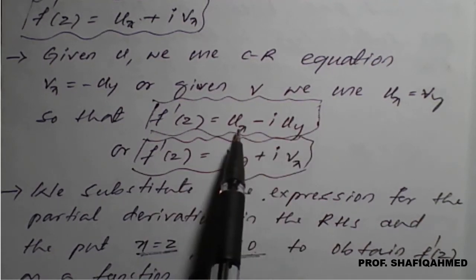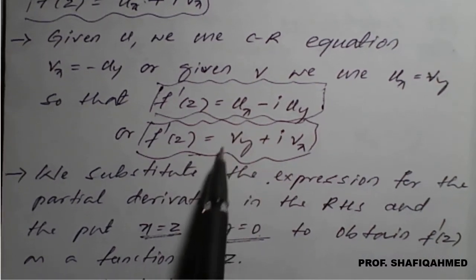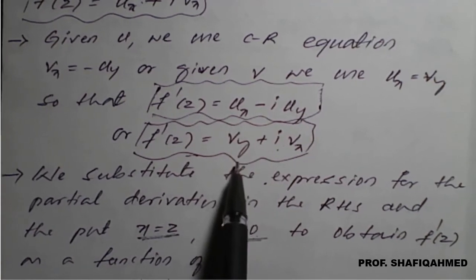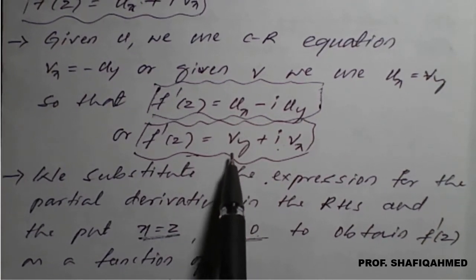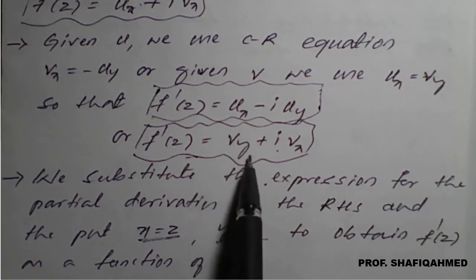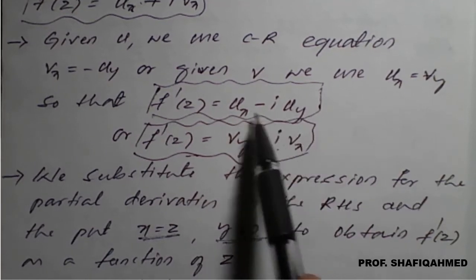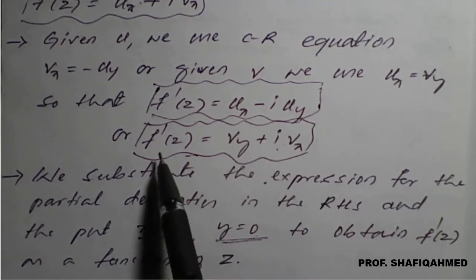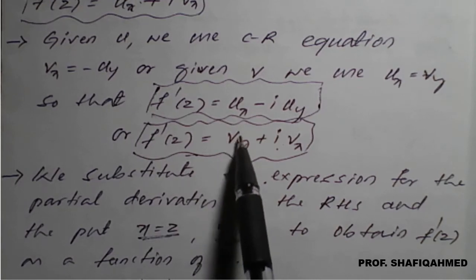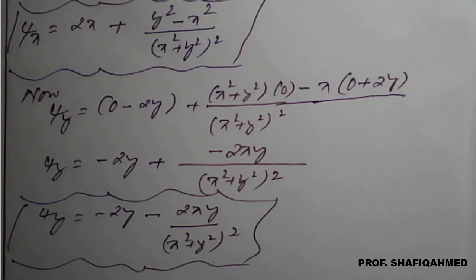Instead of that, the imaginary part is nothing but v, so vy plus i times vx will apply directly here, which is nothing but psi of y plus i times psi of x. So already it is given, so it is manipulated, so I will take directly f dash of z is equal to psi of y plus i times psi of x. So what happens, we'll see here.